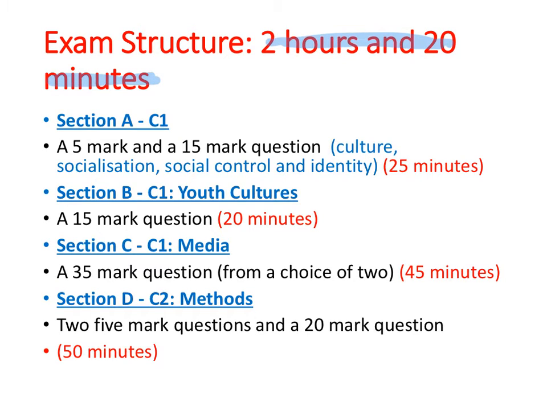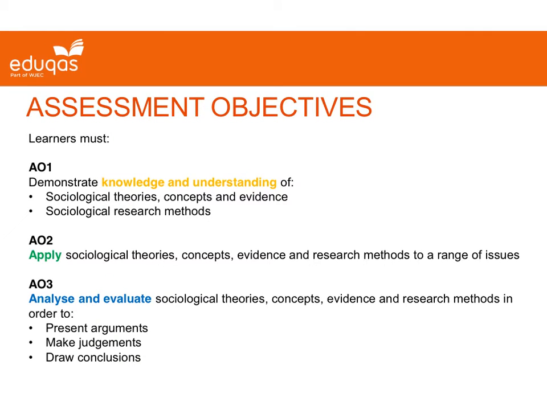the real exams. Now, for A-Level Sociology, there are 3 assessment objectives. And what I mean by assessment objectives are the things that examiners are looking for when they mark your work.